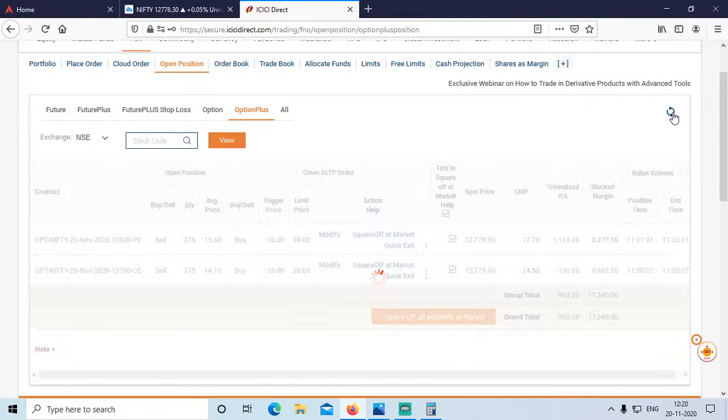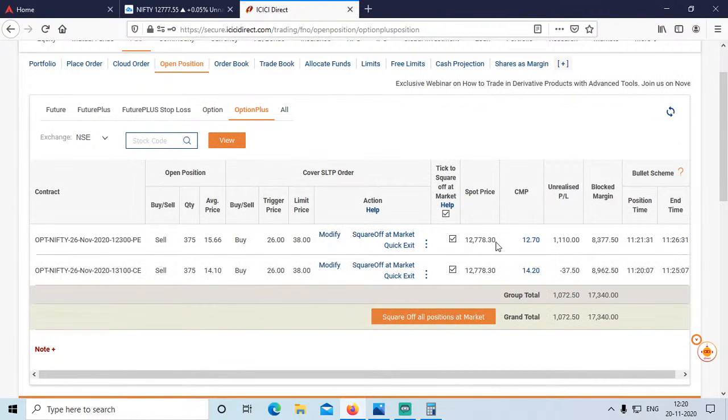When we refresh this button, we can check our spot price over here, 12778. So we can clearly see that the market did not move anywhere.